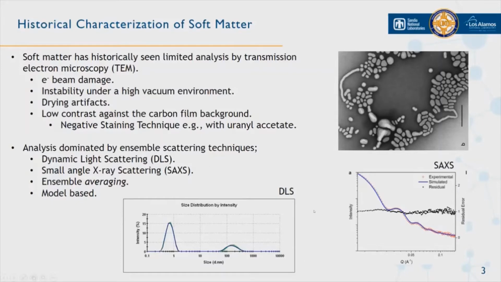So characterization of soft matter has typically relied on ensemble scattering techniques, such as dynamic light scattering and small angle X-ray scattering. However, these techniques are model-based and only give statistically averaged information on the ensemble.